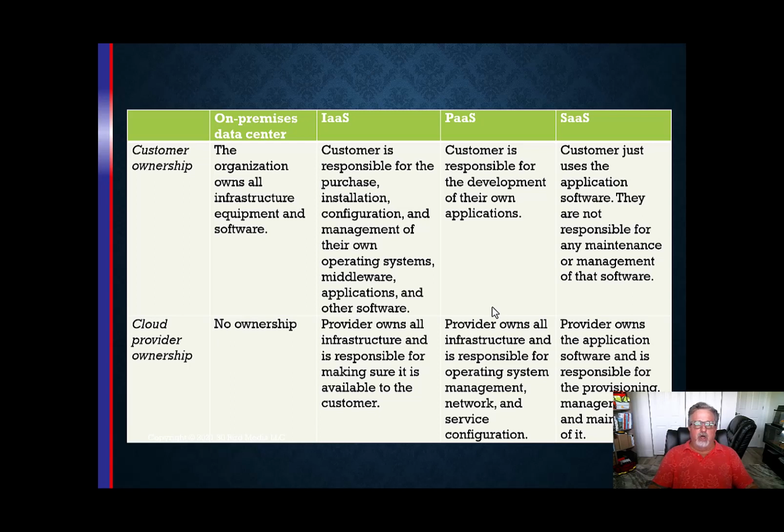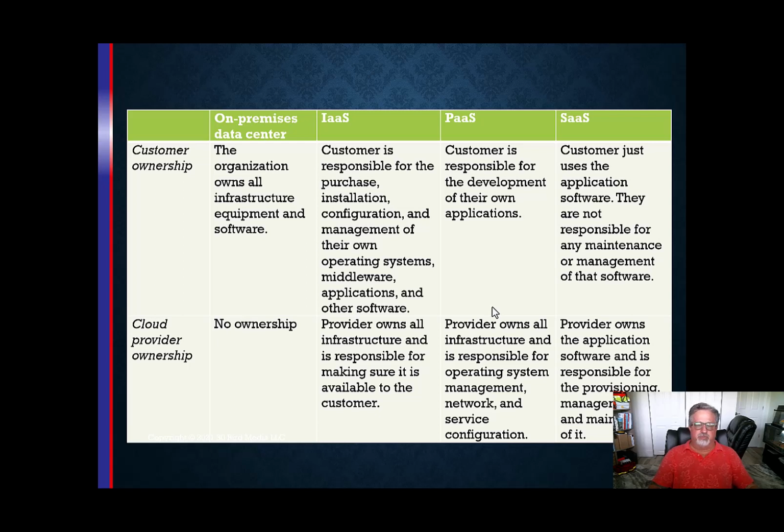So in terms of cloud provider ownership, in an on-premise data center, there is no ownership. The cloud provider doesn't own anything in your on-premise data center. The provider does, in fact, with IaaS and PaaS and SaaS, however you want to say it, own all of the infrastructure.